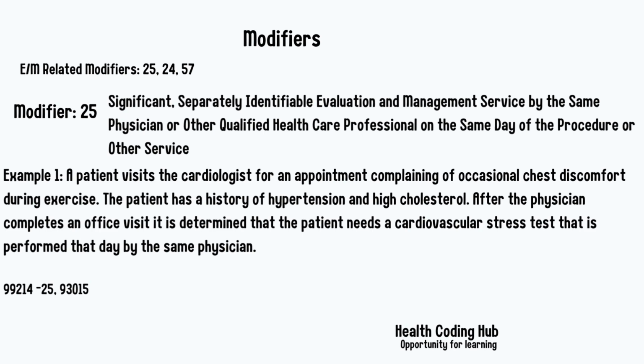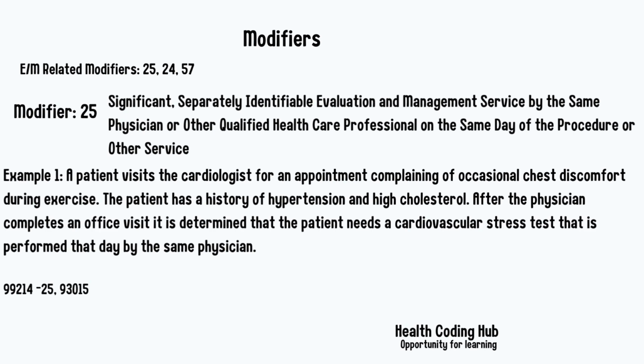So here we need to bill the E&M visit as an office visit, as it is completed in the outpatient office. So we need to assign a code from the series ranging from 99202 to 99215, and the physician also performed a stress test on the same day along with the E&M code.